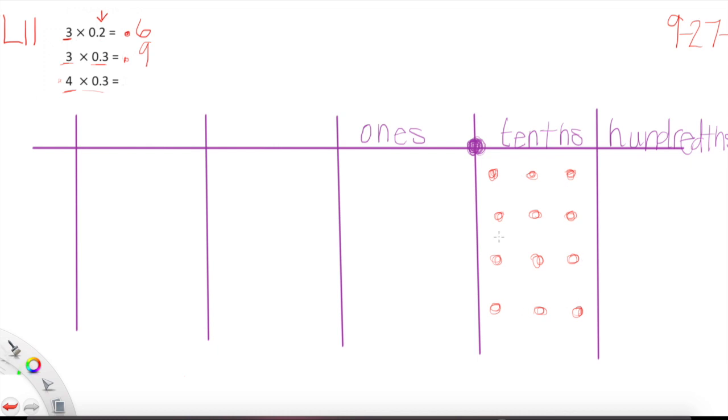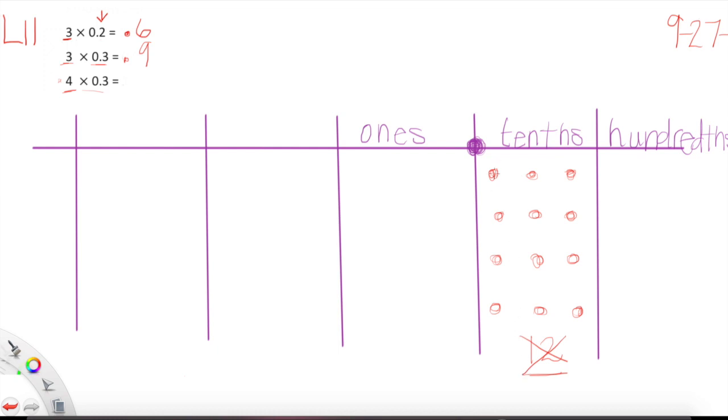I wonder if you guys are thinking the same thing I am. As you count our tenths, 3, 6, 9, 12, oh dear, we have 12 tenths. Are we allowed to have 2 digits in one place value? No, we are not. This is not going to work.